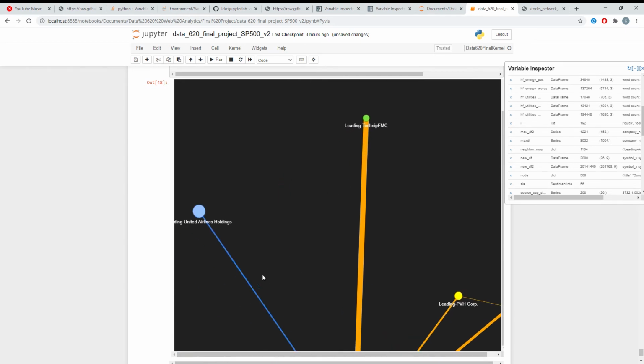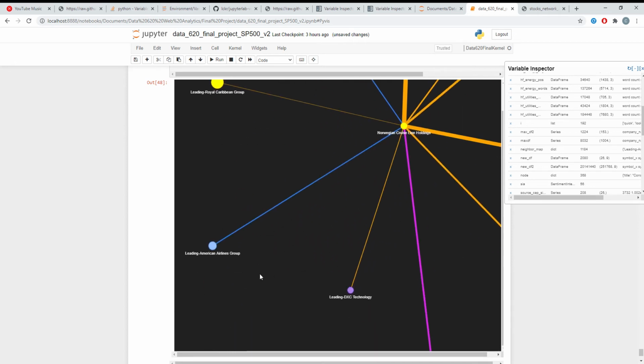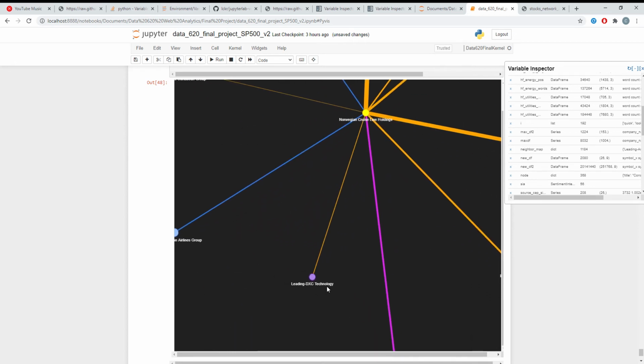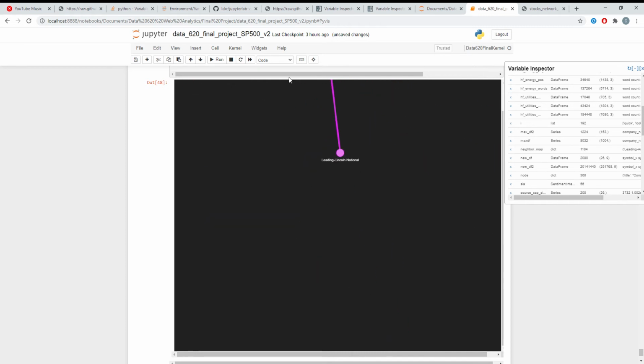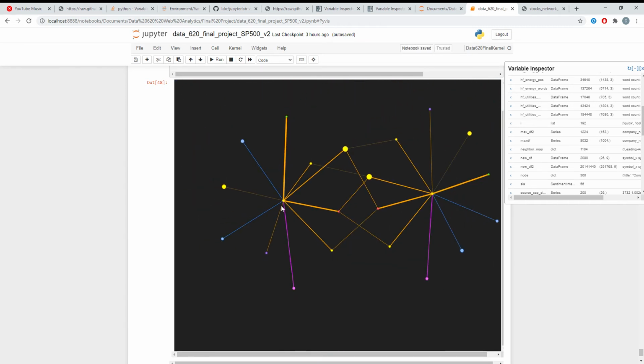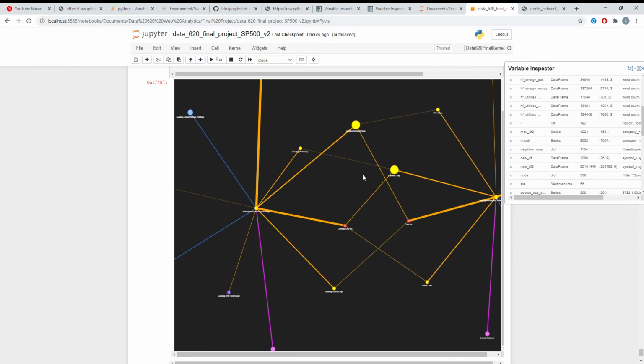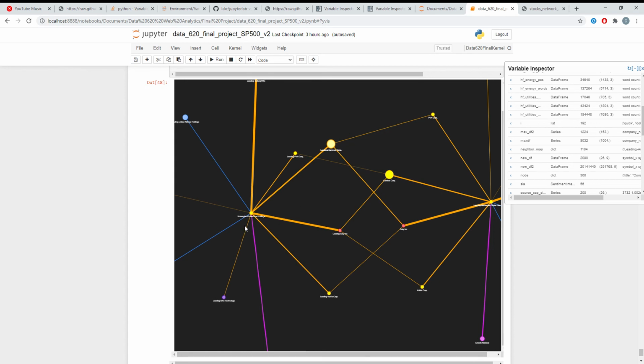Technip, United Airlines Holdings, Royal Caribbean Group, American Airlines, DXC Technology, and also Lincoln National. These are all leading indicators for Norwegian Cruise Lines as well, and Carnival Group is too.